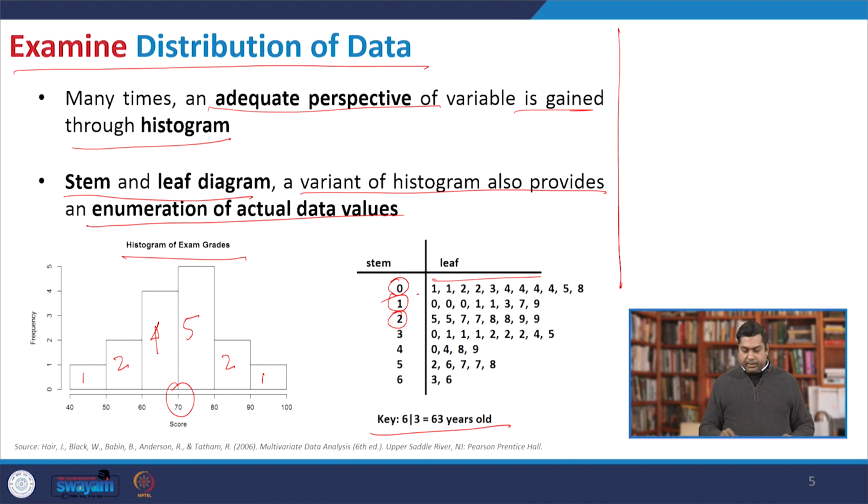So, that means here there is a value 1, there is another value 1, then there are 2 values of 2, then 1 value of 3 and then you have 4 values of 4, then 5 and 8.